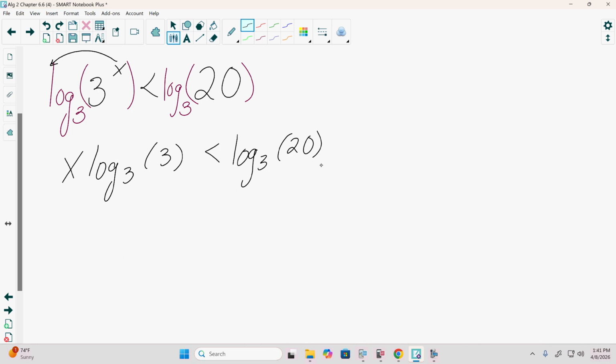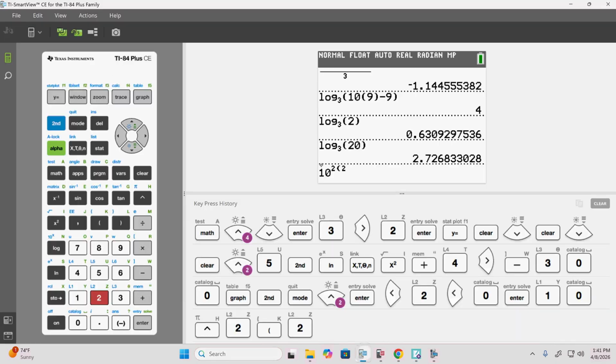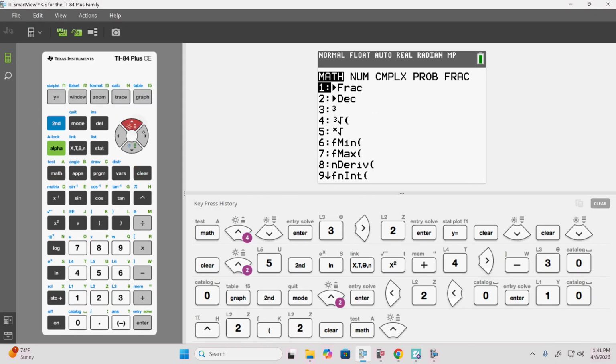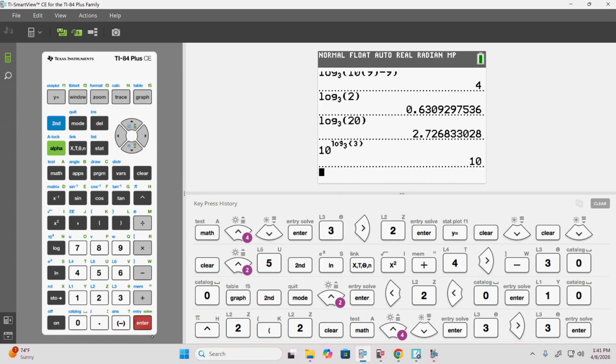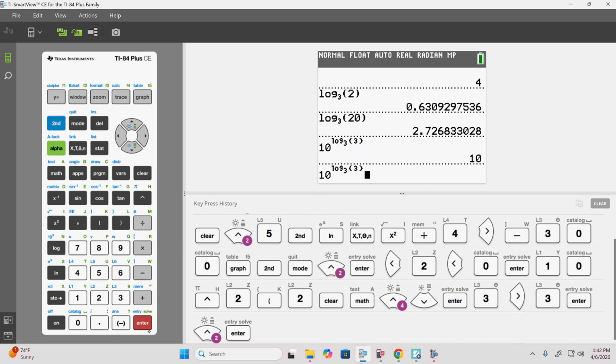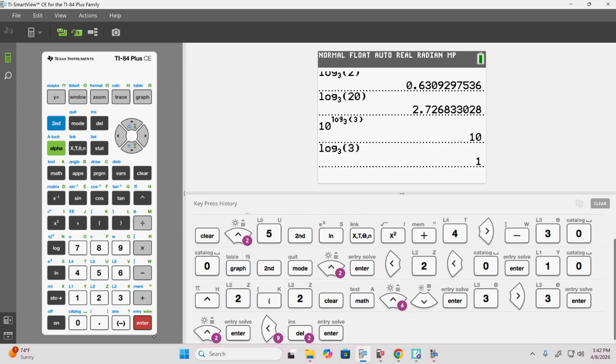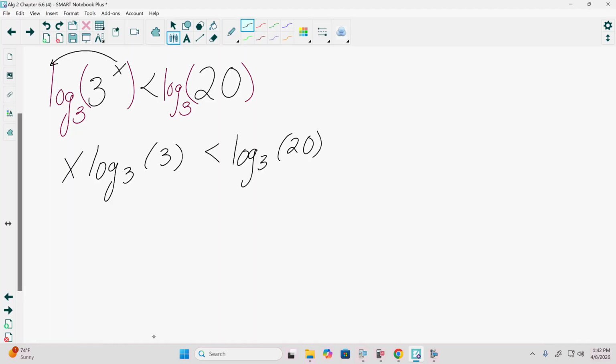Now, what is log base 3 of 3? 1. Log base 3 of 3 is 1.